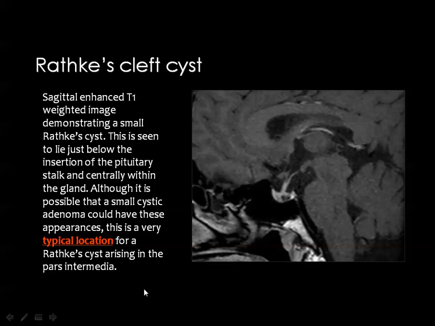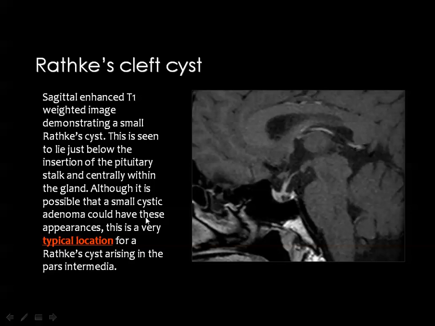Also, I mentioned that the typical location of the Rathke's cleft cyst is immediately below the attachment of the infundibular stalk to the pituitary gland. Then you see a small cystic lesion immediately below the level of the infundibular stalk.